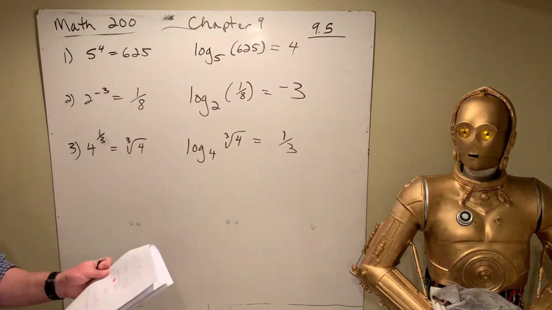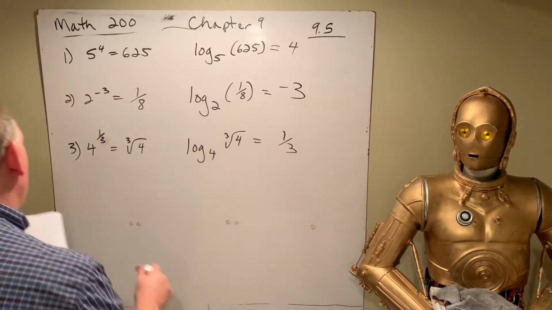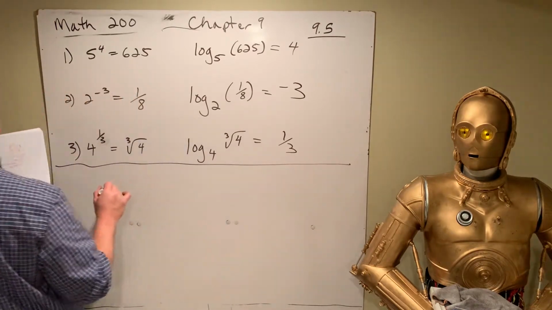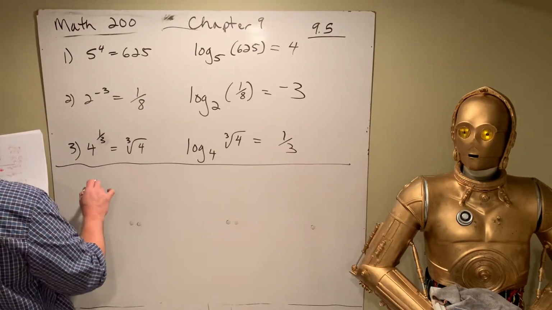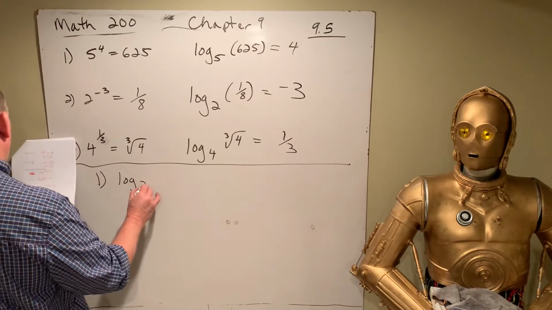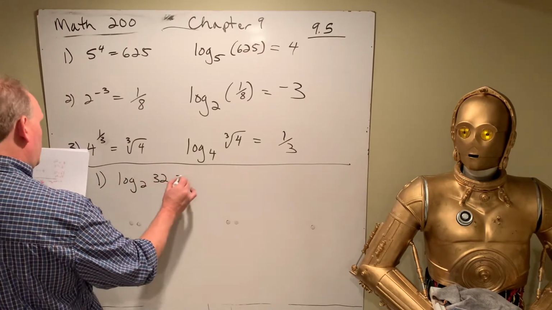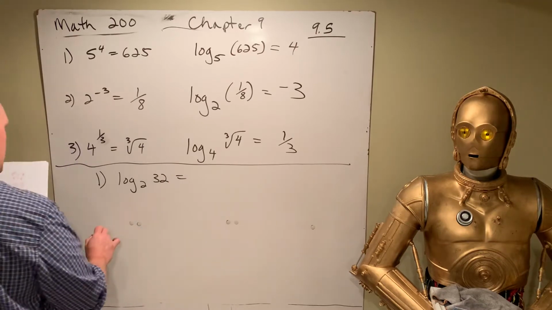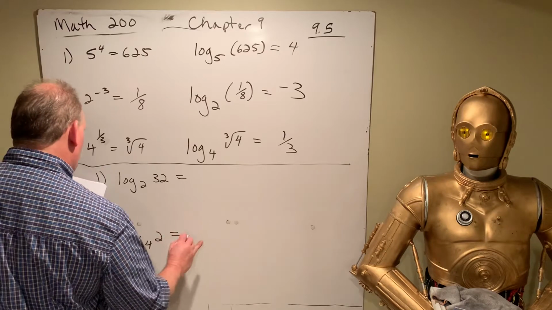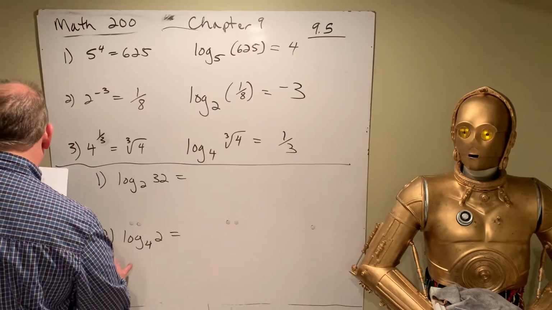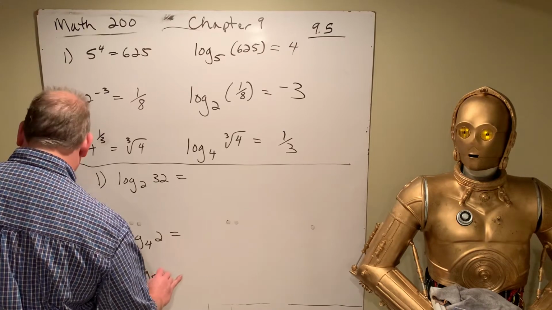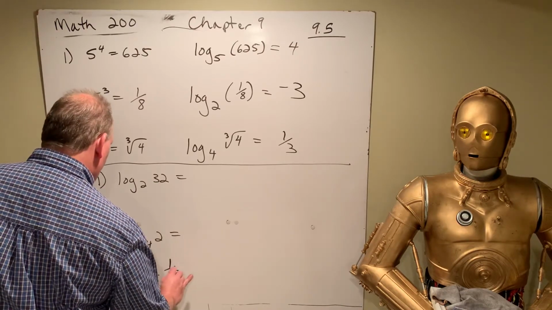All right. How about the other way around? What if they give me logs and they want me to figure it out? Log base 2 of 32 is what? And log base 4 of 2 is what? And log base 5 of 1/25 is what?